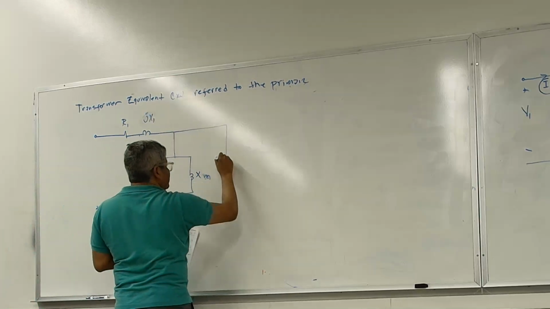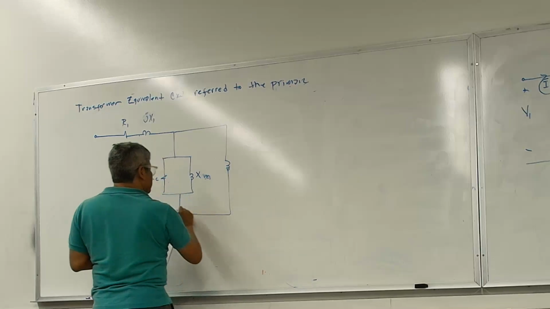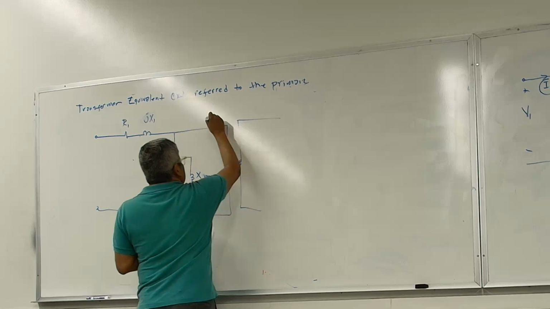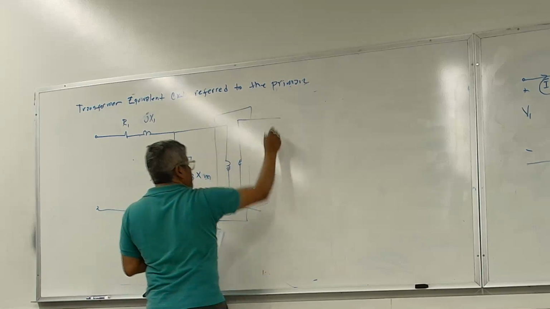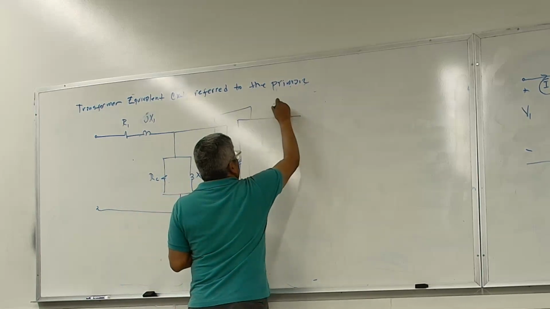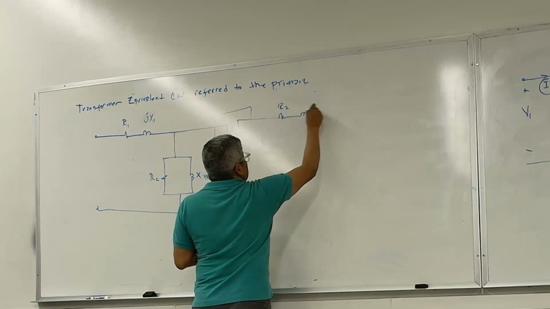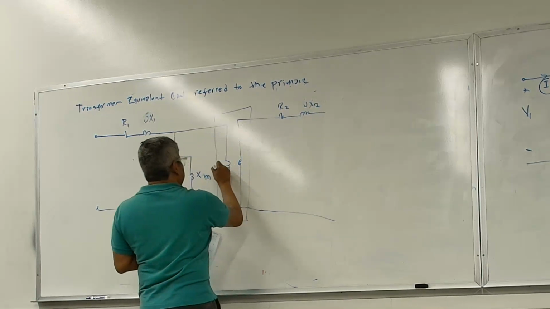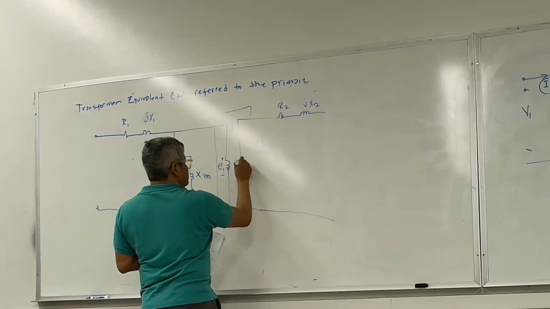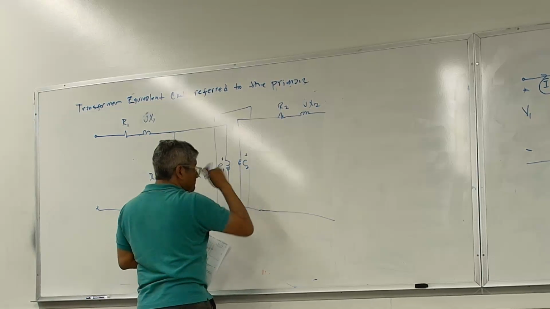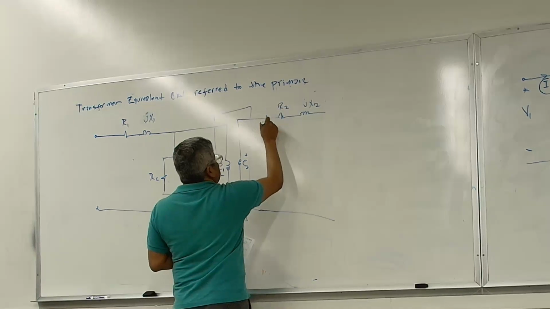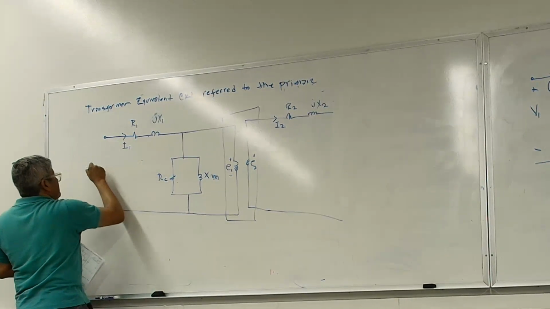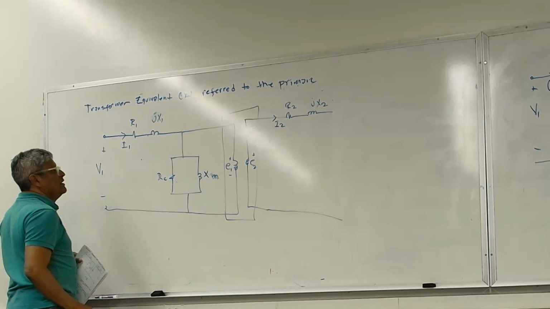And here's my field transformer again. Field transformer. And then I have R2 and JX2. And then I have E1 plus minus, E2 plus minus. I'm going to have I2. And out here, I1, V1 plus minus.